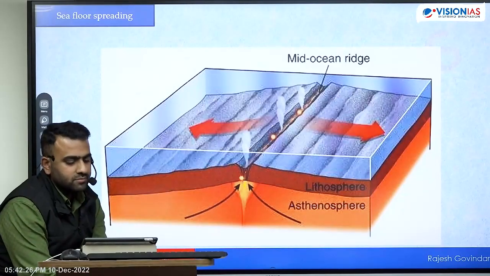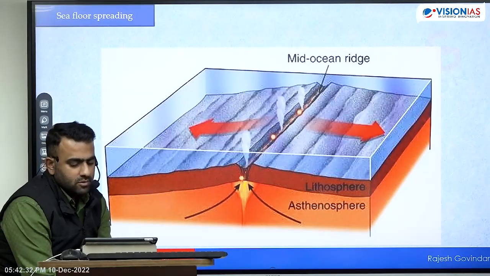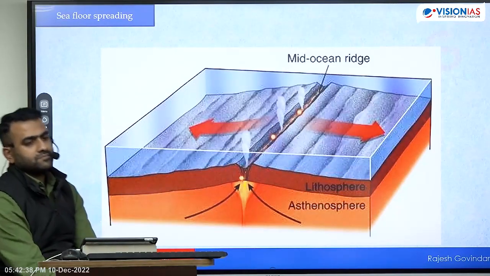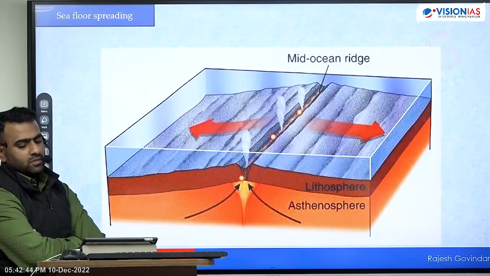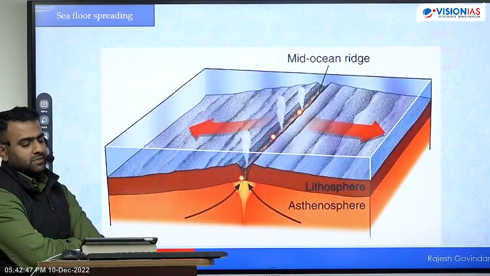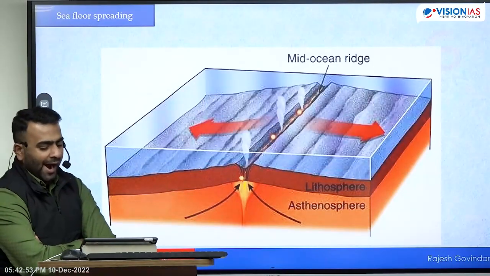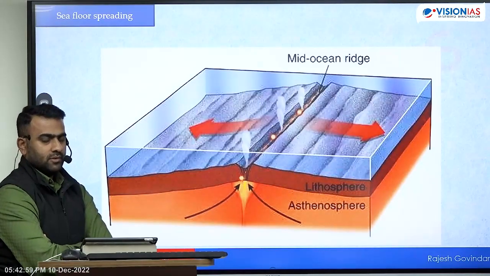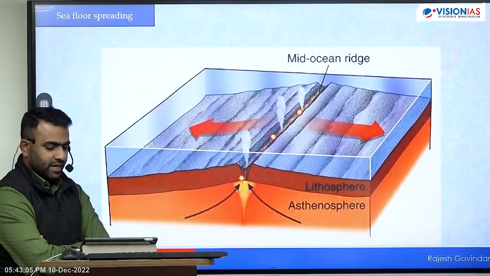According to it, the continuous magma eruption at the oceanic ridges causes the rupture of oceanic crust.